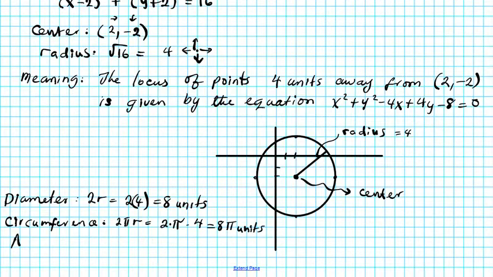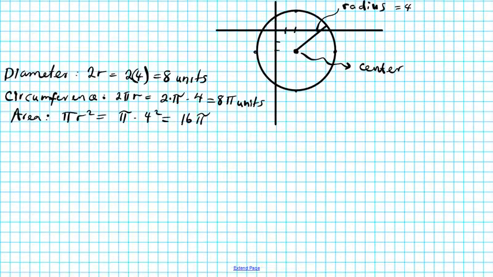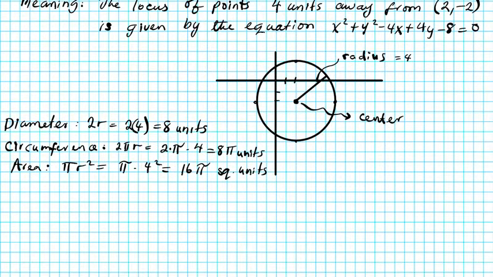And then the area is given by pi r squared, which is pi times 4 squared, which is 16 pi. Since we're doing area here, it's 16 pi square units. Okay? So that's that.